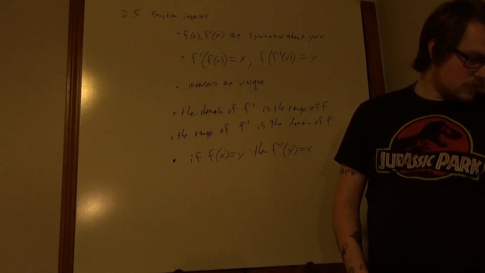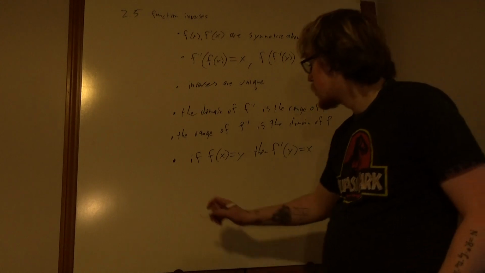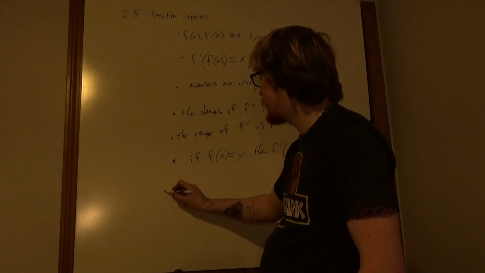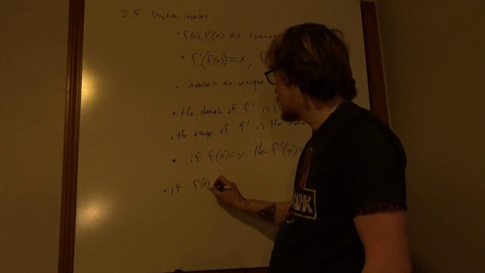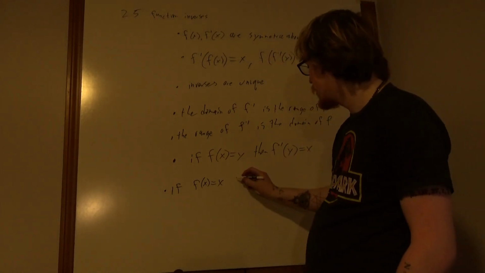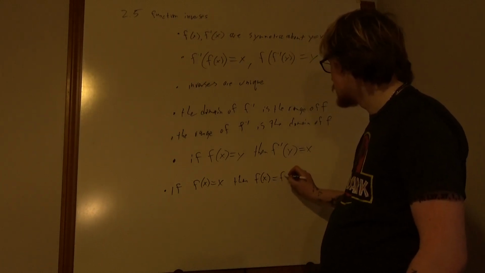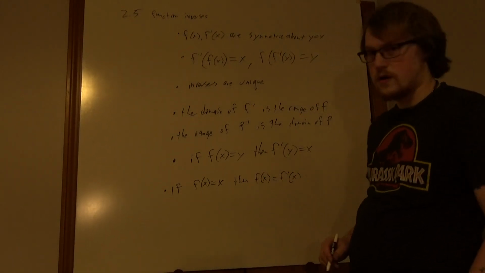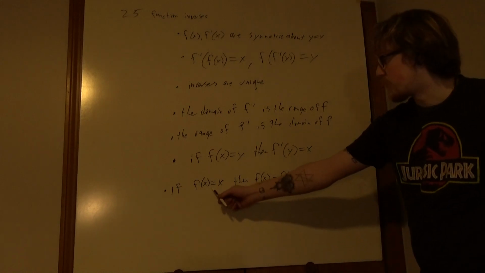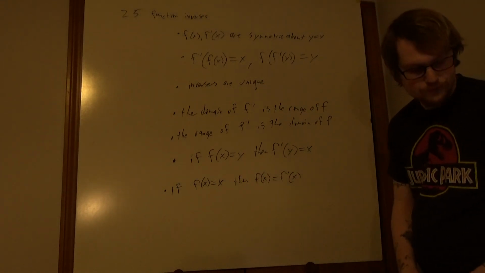And if f of x equals x, so it does nothing to it, then f of x equals f inverse of x, because we can just sort of apply this to either of these and we get that they equal the same thing.